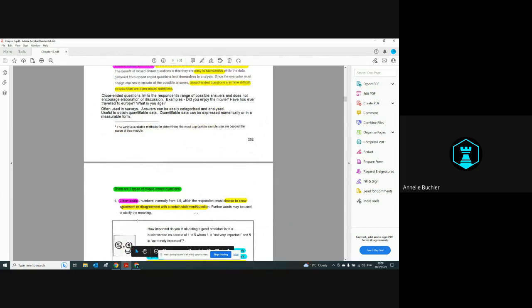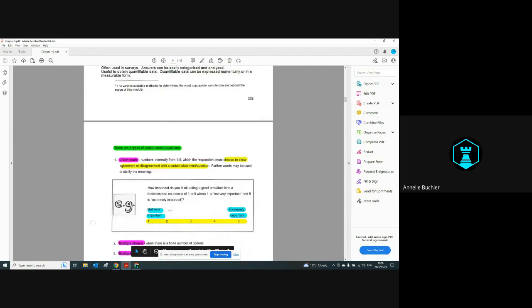The Likert scale. Here's an example, from 1 to 5. They use it often to show agreement or disagreement with a certain statement, okay? Let's say 1 is not very important, where 5 is extremely important, okay? Then you will say, how important do you think eating a good breakfast is, okay, to a businessman?